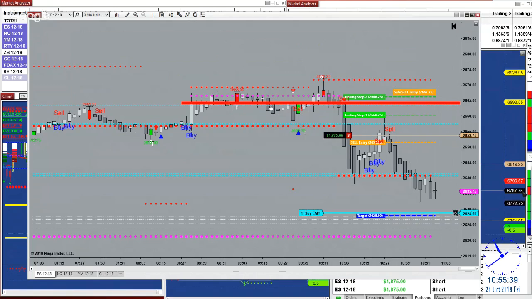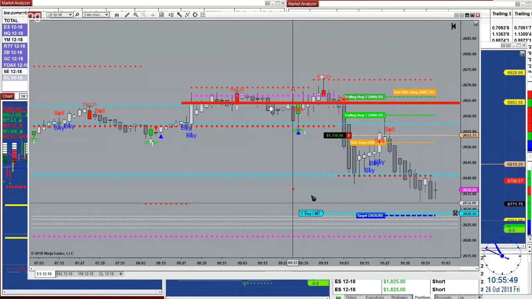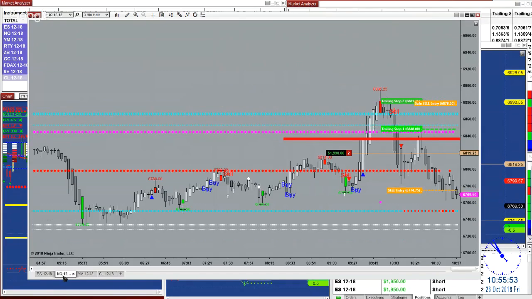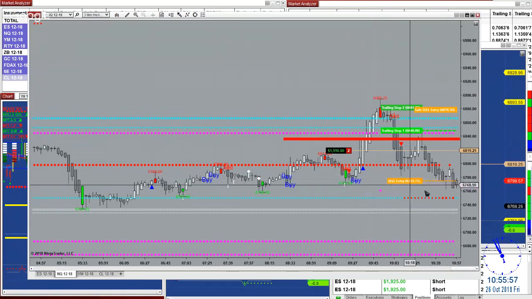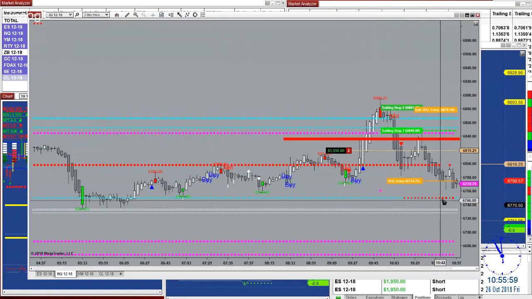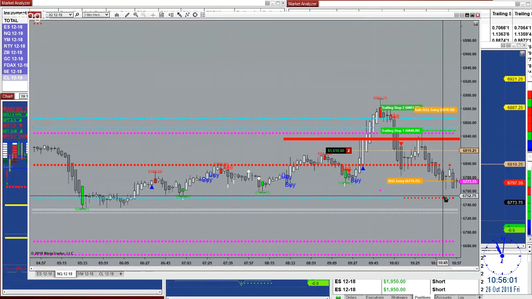So let's look at this ES. Once we are done with the ES, we are done with the Nasdaq and Dow Jones, absolutely. So let's go on the Nasdaq. There is a major support area in here.